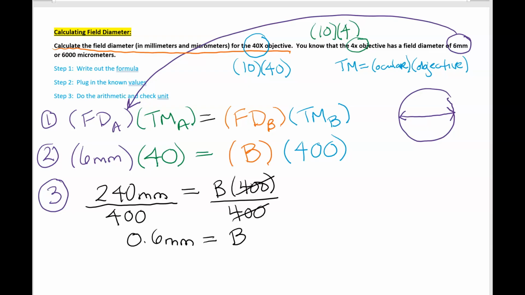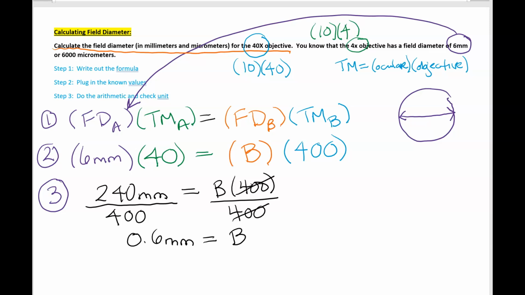So the 40x objective has magnified the field 10 times further than the 4x objective. And in doing so, the field becomes 10 times smaller.